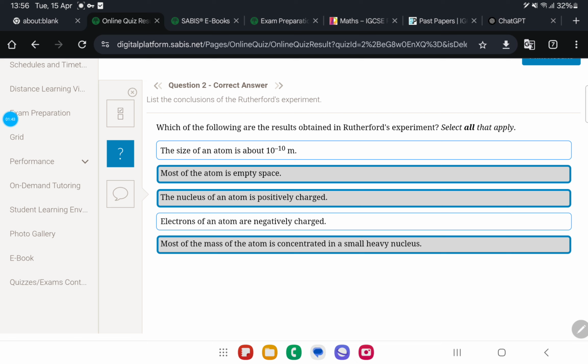Some of the particles were shot back directly. Some made it through in a straight line, and some bounced off into different directions.